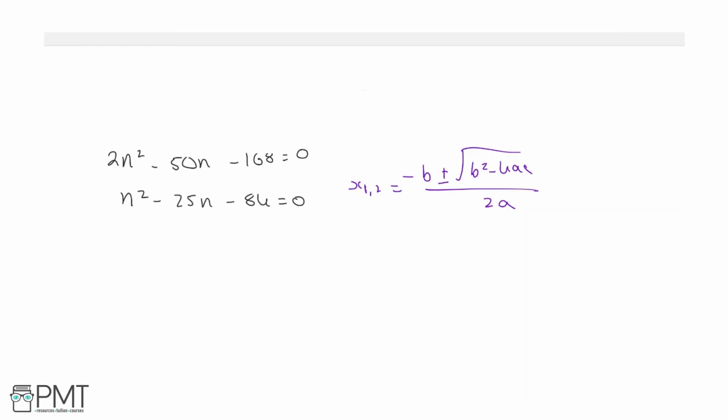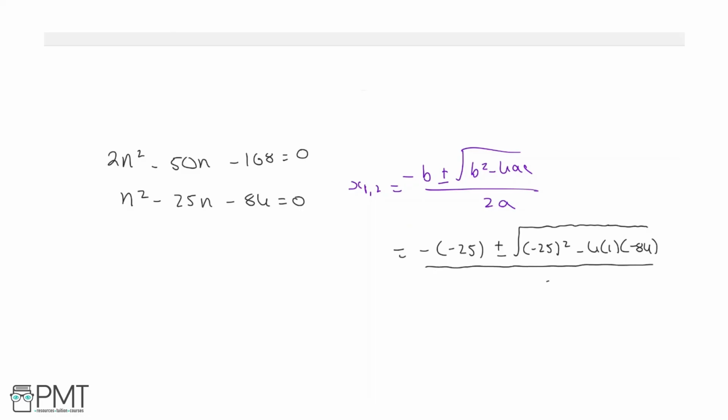So plugging this in, we will get minus 25 plus or minus the square root of minus 25 squared minus 4 times 1 times minus 84, all over 2 times 1, which is just 2. Okay, this will get you that n either equals minus 3 or n equals 28.